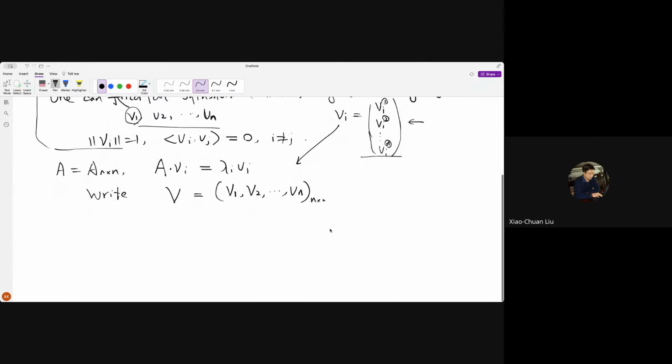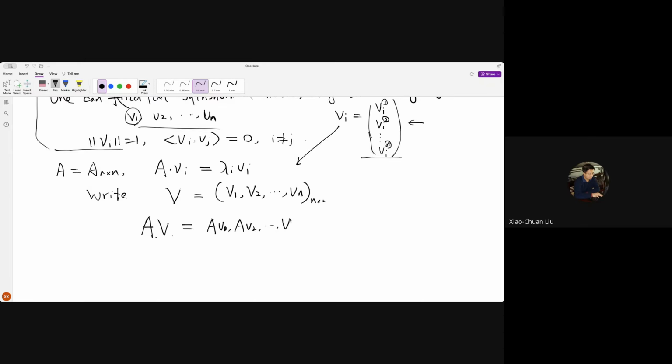So this way, what is A times V? The action of A on the matrix, this matrix multiplication, gives you A V1, A V2, until A Vn.